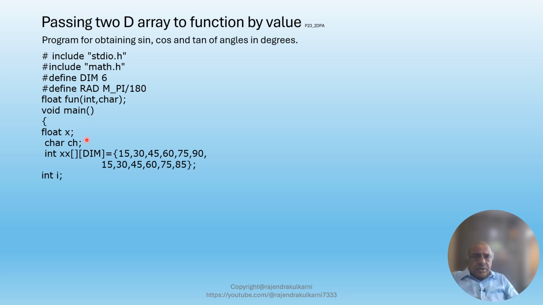There are declarations char ch, float x, int i, and a 2D array named xx, in which we have initialized the array with values of angles in degrees 15, 30, 45, 60, 75, 90. This is the 0th element of the 2D array xx, and this 15, 30, 45, 60, 75, 85 is the element number 1 of the 2D array xx.